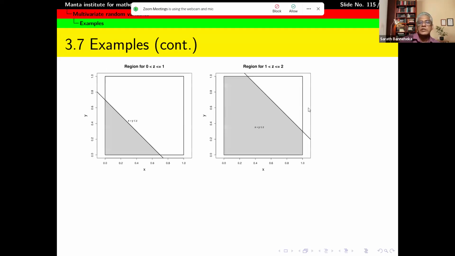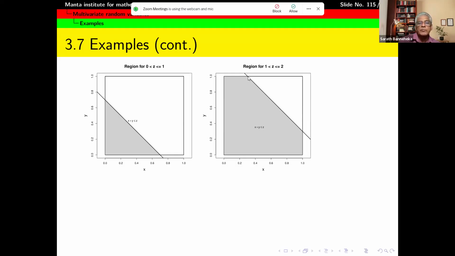if you are really doing the integration, you will be integrating for a fixed x, from z minus x to 1. First of all, you have to integrate with respect to y, and then with respect to x.